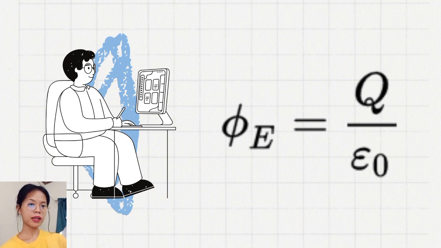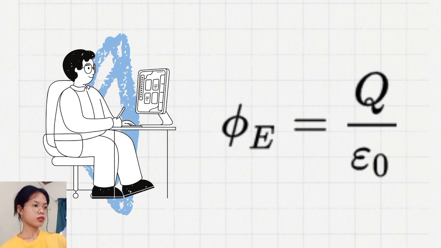To simplify, the flux is proportional to the charge Q at the center inside the surface over the permittivity of free space.